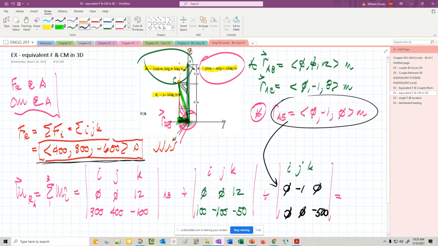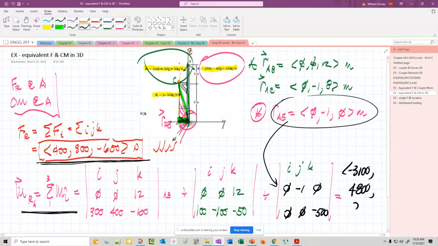So summing the forces here gave us the resultant force. To move it to point A, we have to include the effect of the moments it created where they are currently before we move it. And if we go through all that, we get minus 3100 i, about 4800 j, and 0 k Newton meters.